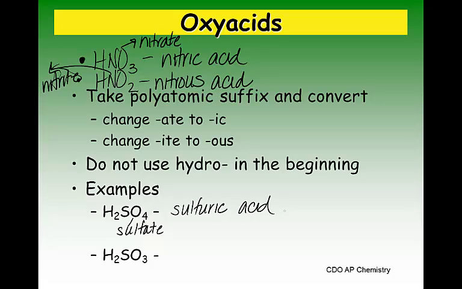The second one is the sulfite ion, but instead of being sulfous acid, it's sulfurous acid. And those exceptions are for the sulfate and the sulfite, the phosphate and the phosphite. Those are the ones that are weird, but everything else is just the ic acid or ous acid.